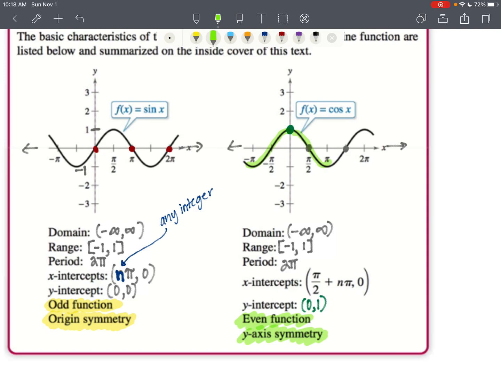You can fold it right on top of itself and it lands. If you fold on that y-axis, the left side will land exactly on the right side. So these are important features of your sine and your cosine curve for us to use as we transform our parent functions.